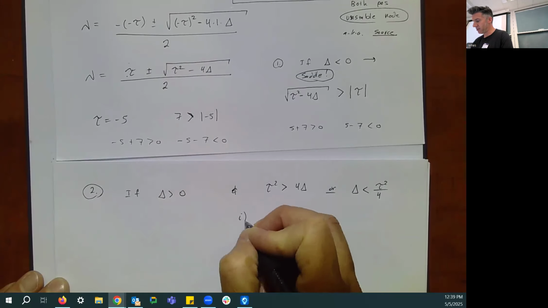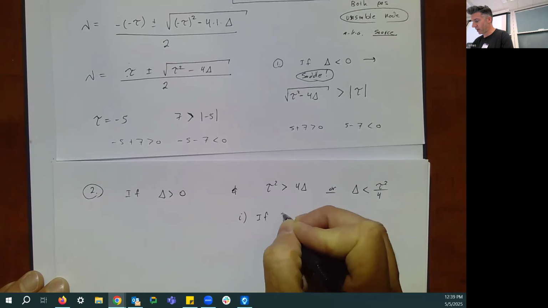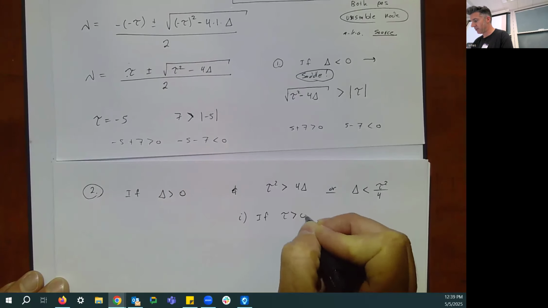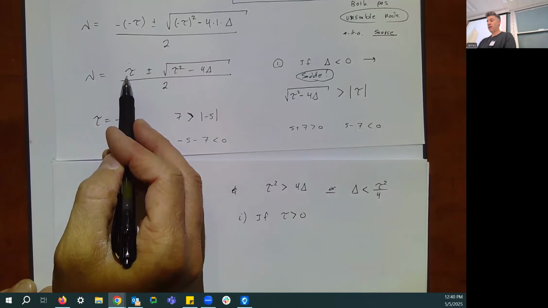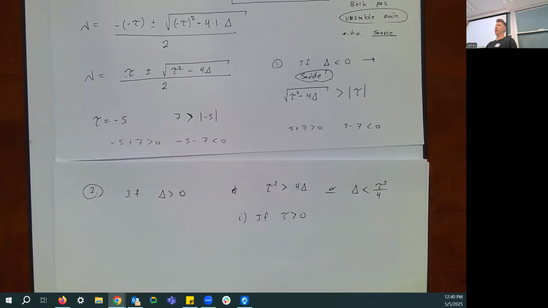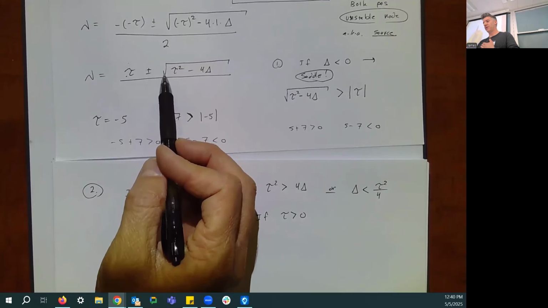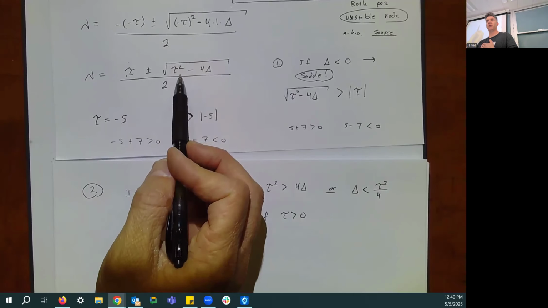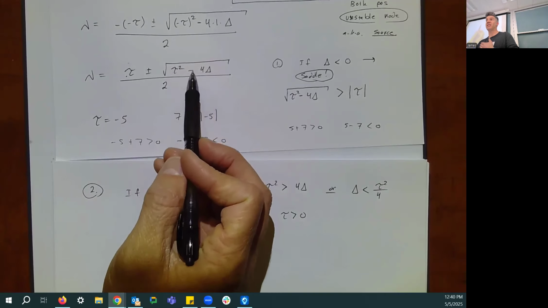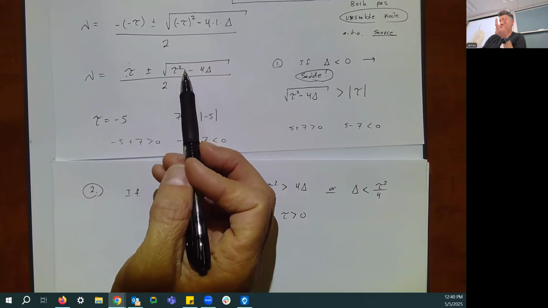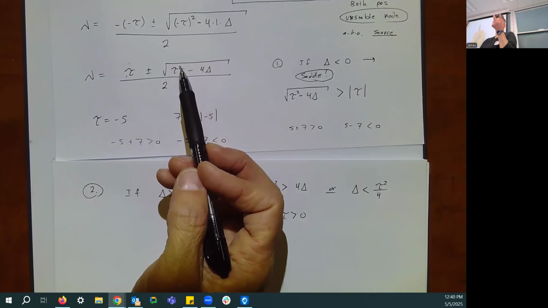Thing 1, if your trace is positive, then both eigenvalues are going to be positive. Why can't they be one positive, one negative? Well, because I'm adding or subtracting something that is smaller than it, right? If I have tau squared and I'm subtracting something that's positive, it's getting smaller, and then the square root is going to be smaller than the original number.